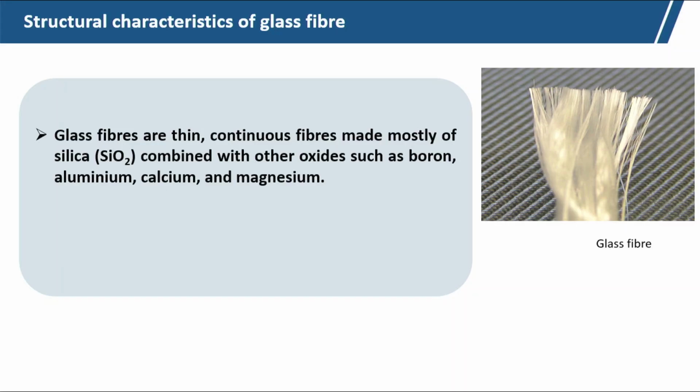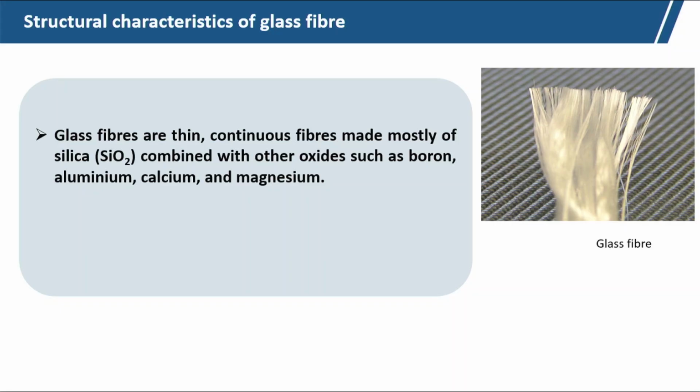The glass fibers are thin continuous fibers made mostly of silica, like silicon oxide combined with other oxides such as boron, aluminum, calcium, magnesium.